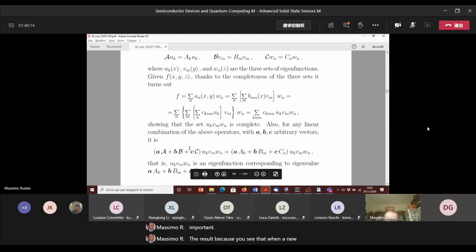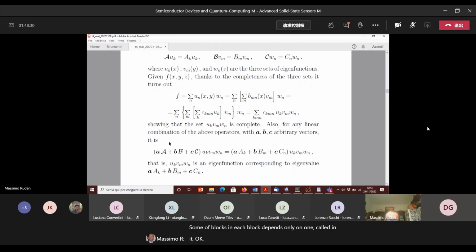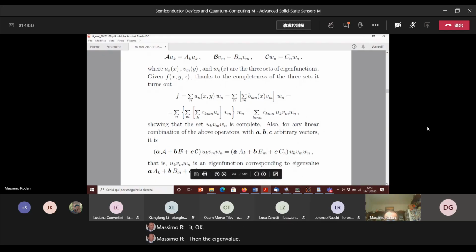Okay, so you see that it is a very important result because when an operator is separable, that is, it can be written as the sum of blocks, and each block depends only on one coordinate, then the eigenvalue is the sum of the individual eigenvalues. It is the sum of a piece that contains only a_k, another piece b_m, and another piece c_n. And the eigenfunction is the product of the individual eigenfunctions.